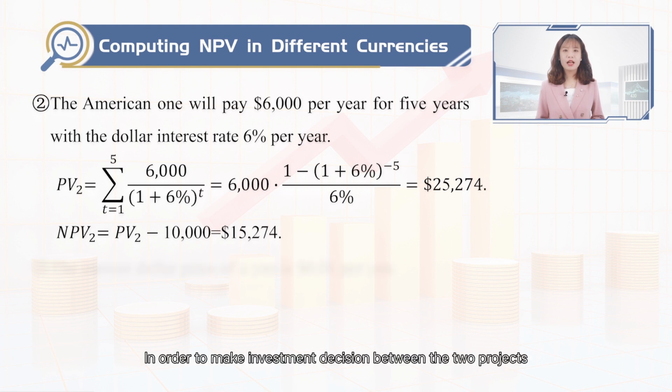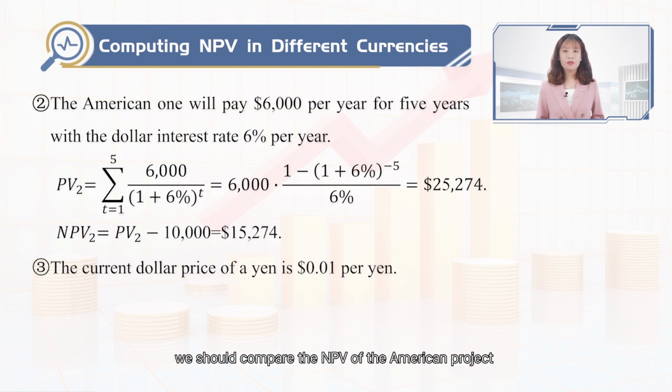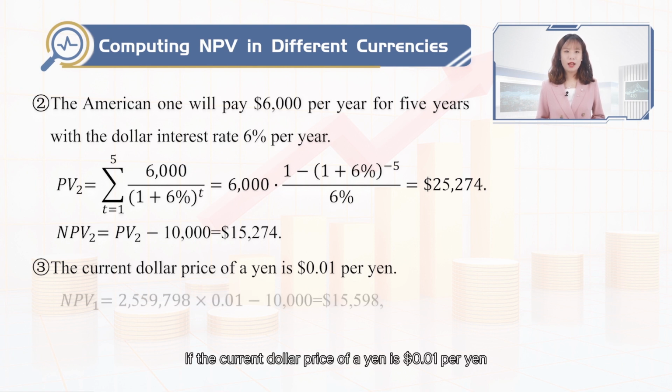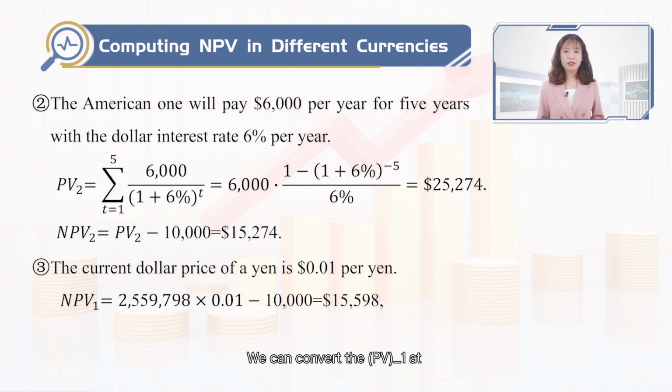Further, we can get the NPV of this project, which is equal to PV2 minus $10,000, which is $15,274. In order to make an investment decision between the two projects, we should compare the NPV of the American project and the Japanese one. If the current dollar price of a yen is $0.01 per yen, we can convert the PV1 at the current exchange rate of $0.01 per yen to get $25,598.